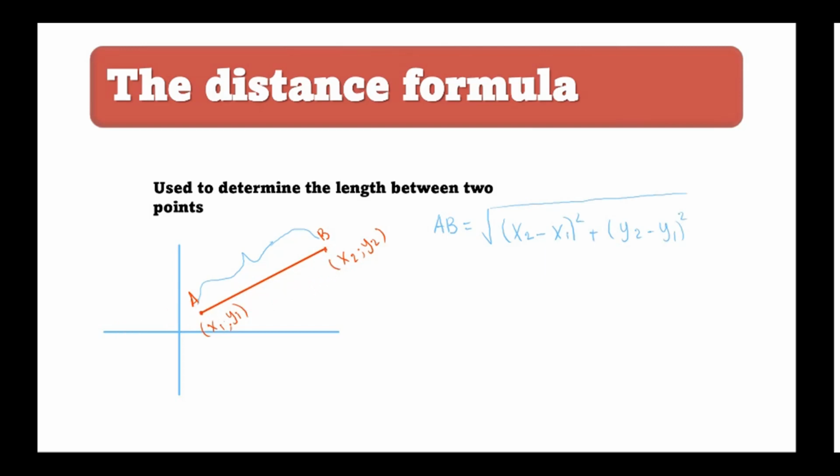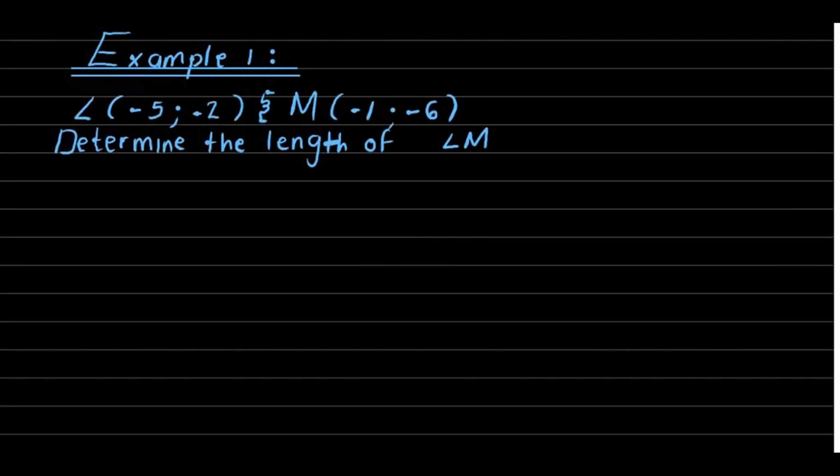So let us look at a quick example. You are given the point L, which is equal to (-5, -2), and the point M, which is equal to (-1, -6).